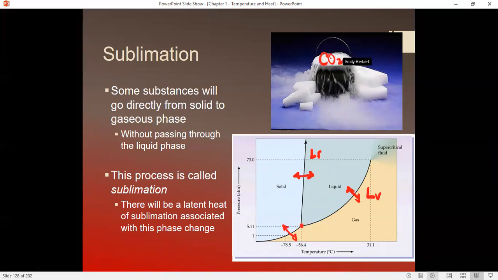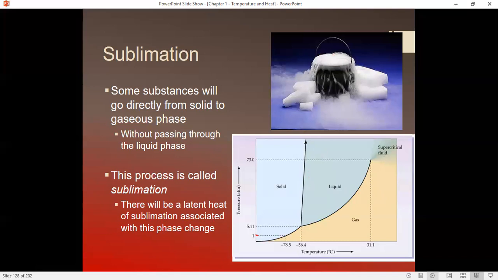At normal atmospheric pressure, dry ice or frozen carbon dioxide does not become a liquid. It will simply go directly to become a gas. And you can see this in the phase diagram for carbon dioxide. Here are the atmospheres. Here's one atmosphere.